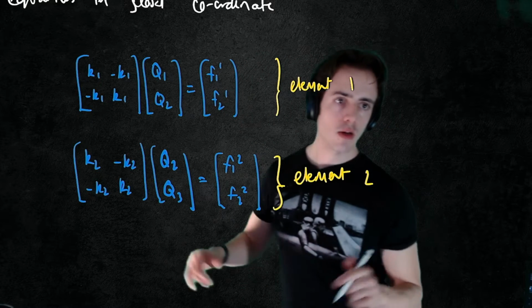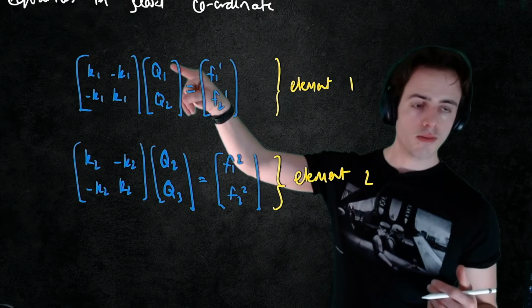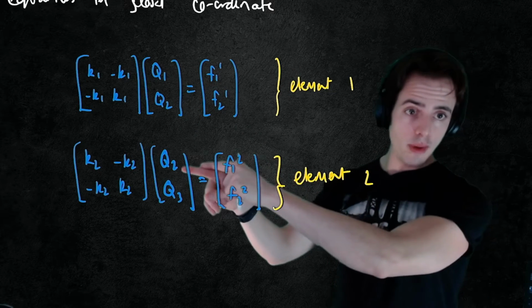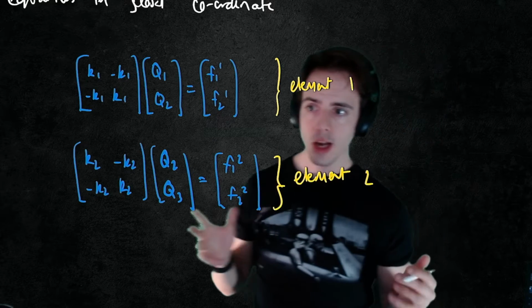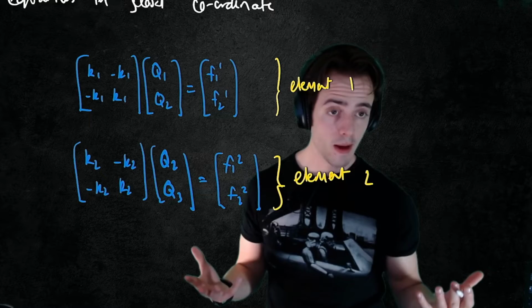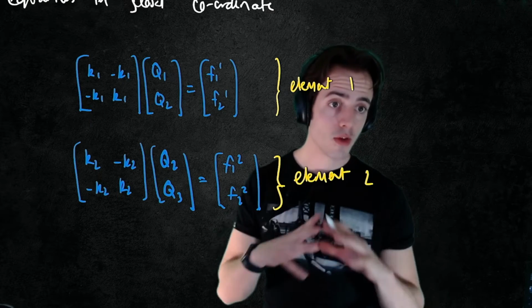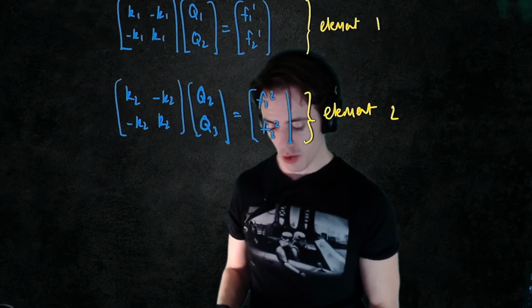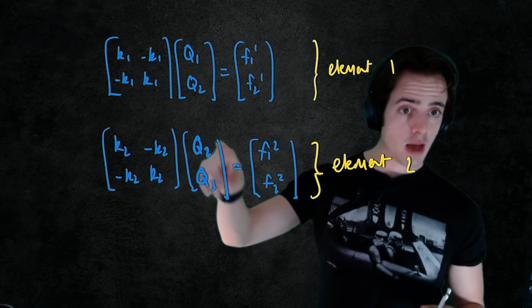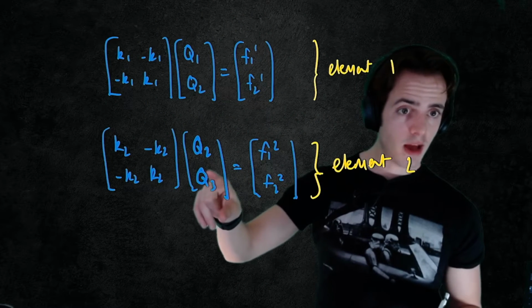So we've now got these expressions with not quite the same displacements, but Q2 is in both of them. We'd like to be able to somehow put these equations together in a form that enables us to describe the behavior of the system as a whole. So what we need to do is put them into having the same vector of displacements here.